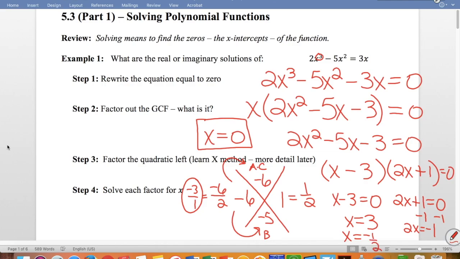So my 3 solutions are x equals 0, negative 1/2, and 3. When we solve, we're going to take it all the way out: factor completely, set all of my factors equal to 0, and solve.